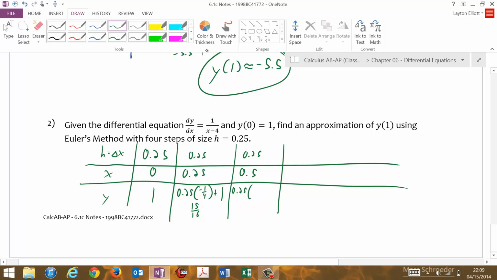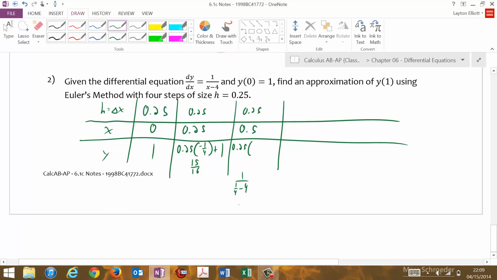Now, if I plug in the previous ordered pairs into the differential equation, I'm going to get 1 over 1/4 minus 4, which is 1 over negative 3/4, or negative 4/3. So I get negative 4/3, and then plus the previous y value of 15/16. So that's actually the same thing as negative 1/3 plus 15/16, which is, I'm going to pause this, 29/48.